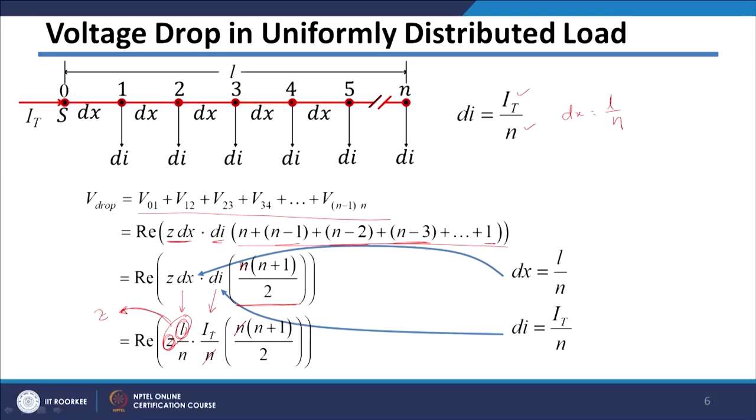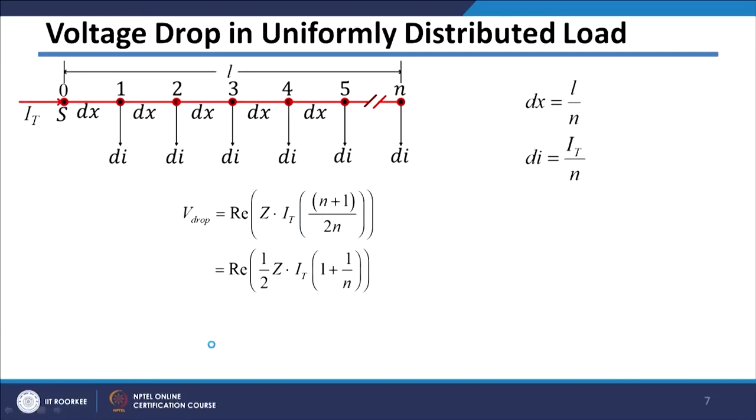So, it is Z multiplied by IT by N into N plus 1 divided by 2. So, if you take it on this side, there will be the total Z which is the total impedance of the feeder, IT the total current into the feeder, and you are having this term here which depends on your number of sections. Now, if you take this 1 by 2 common out, you will be having this term here.